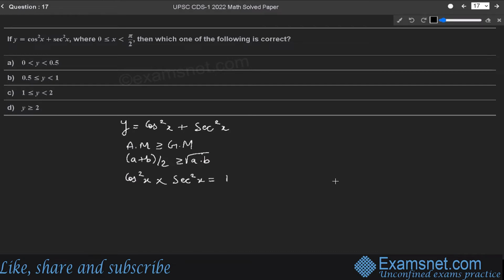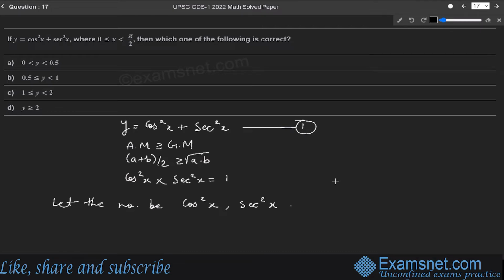And we have the expression y is equal to cos square x plus sec square x. Let this be equation number 1, and let the two numbers be cos square x and sec square x.